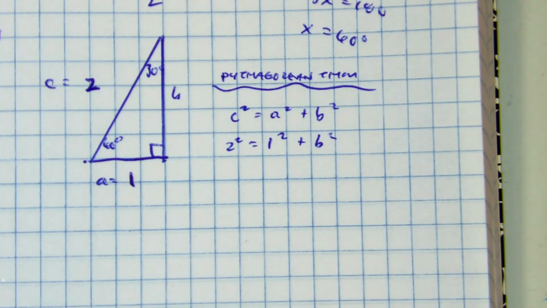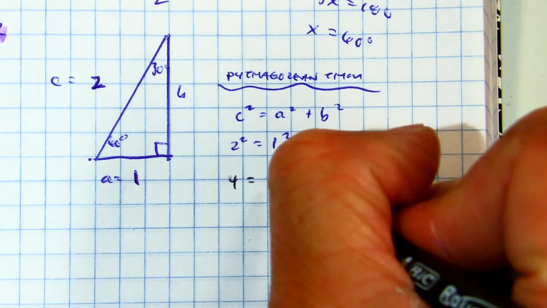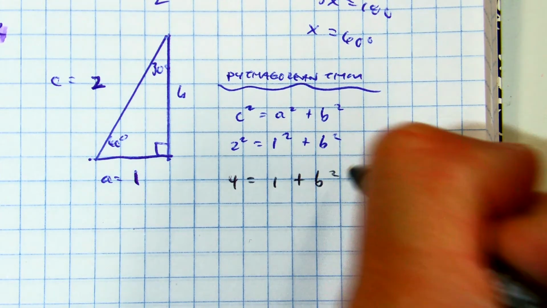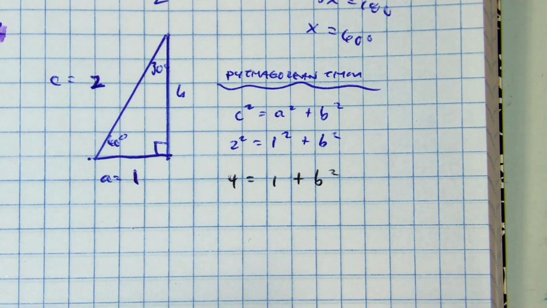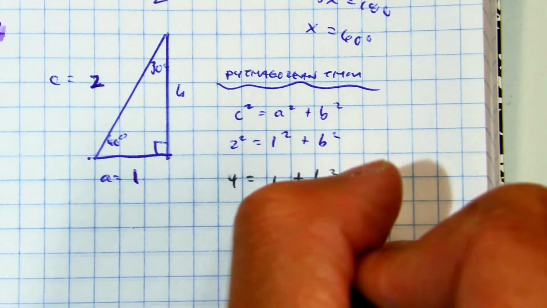Class 2 squared is? 1 squared is? Does B squared equal 5? What does it equal? B squared equals 3.